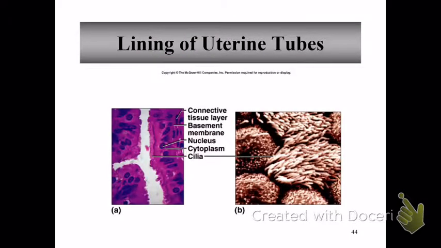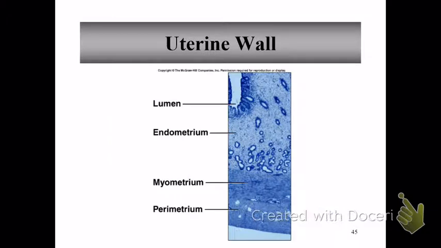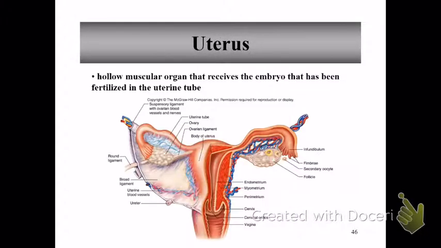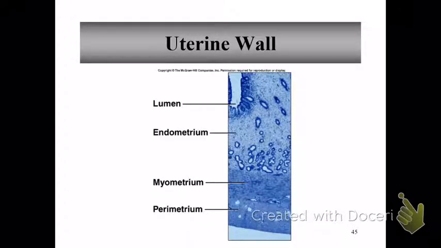Now, what is the uterus? There's the lining of the uterine tube. Uterine wall, nice. Some people have, I will say, endometriosis, and that's where they make abnormal growth. Let's write that in.